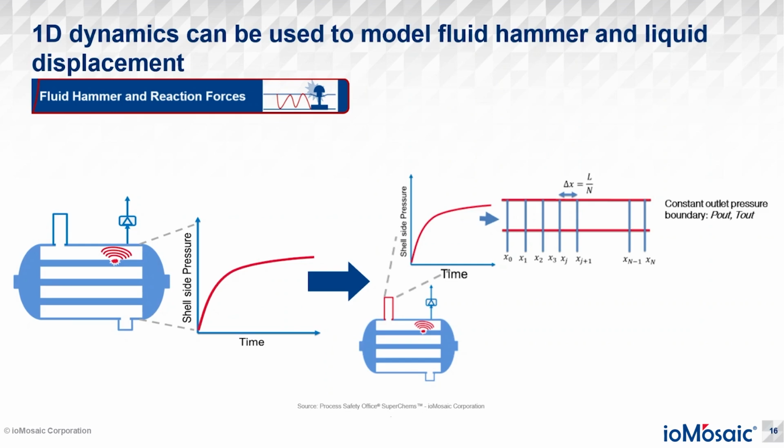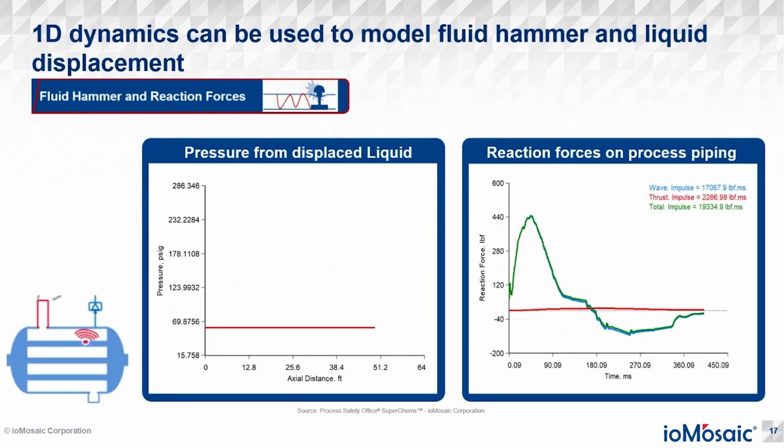Well, if we're being creative in how we use 1D dynamics, we can break up that process piping and use 1D dynamics to characterize the pressure pulse from the displaced liquid. I've got an animation on the left-hand graph here, and then I've got the reaction forces on the right-hand side. If we play a little bit here, we can see as time goes on, pressure's getting pushed right through. And I've slowed this simulation right down so we can better see it.